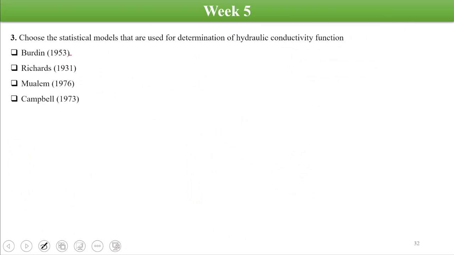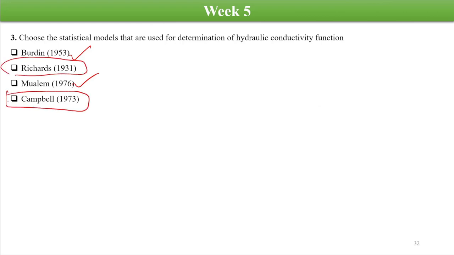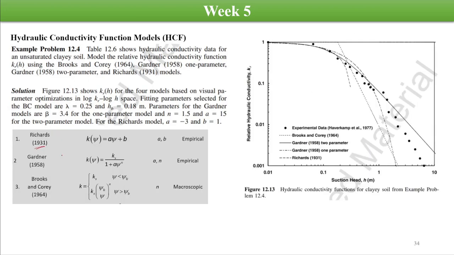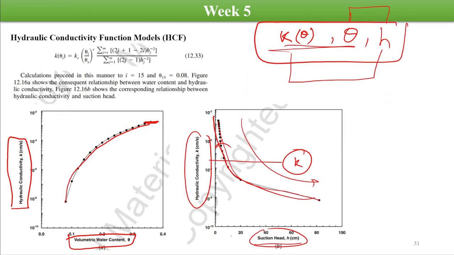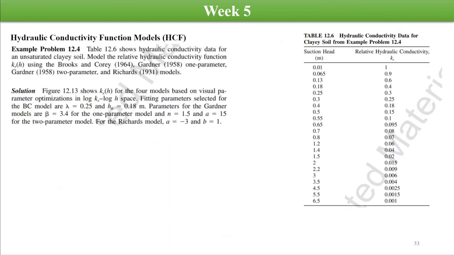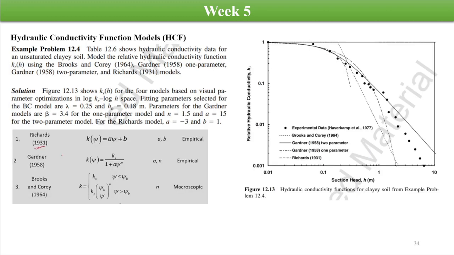From here we can say the Burdine and Mualem models are the statistical models, and the Richards and Cambrian models are the empirical models. So we have solved this question using the statistical model.